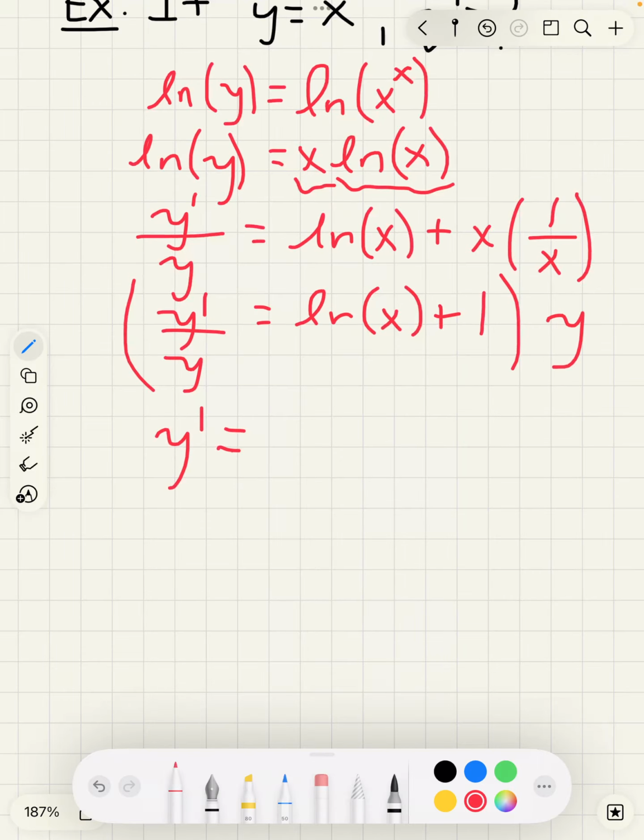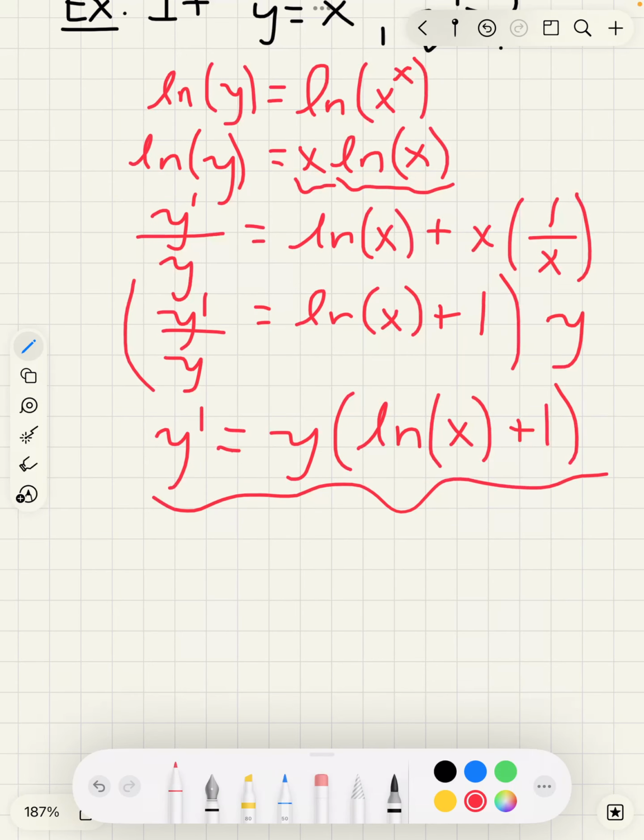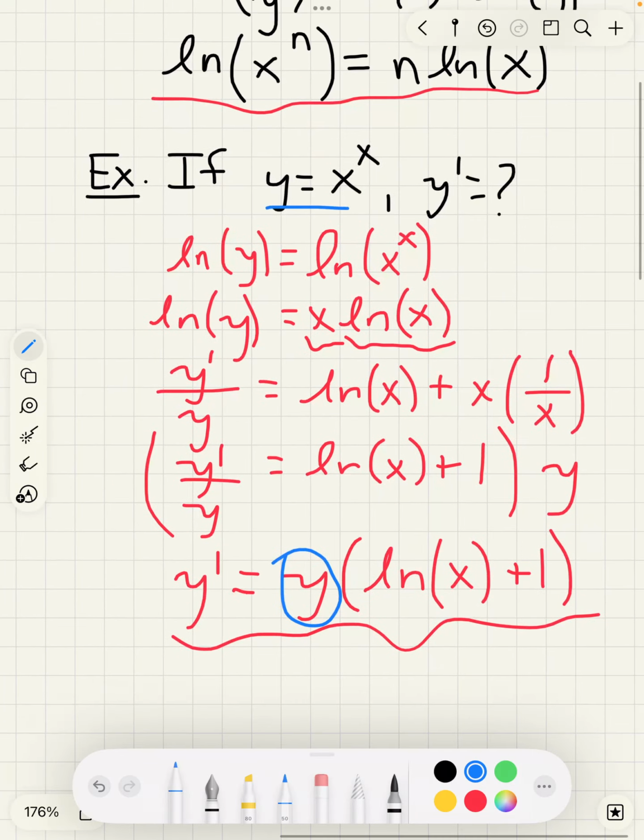On the right, I'm going to have y multiplied by natural log of x plus 1, which would satisfy our answer from implicit differentiation, but sometimes, like actually in this case, we could get our answer completely in terms of x. The way we do that is we remember, well, all I have to do is replace the y with what I know y to be equal to. Here I know what y is, so if I see a y in my answer, I can replace it with the original.